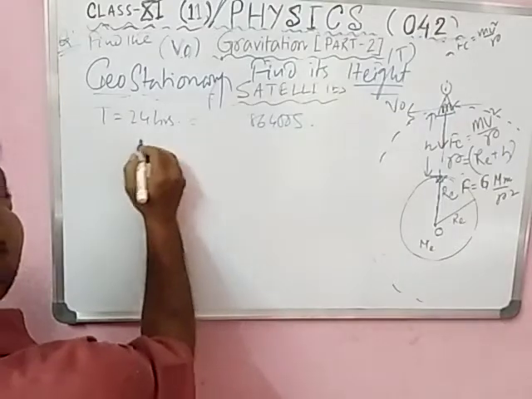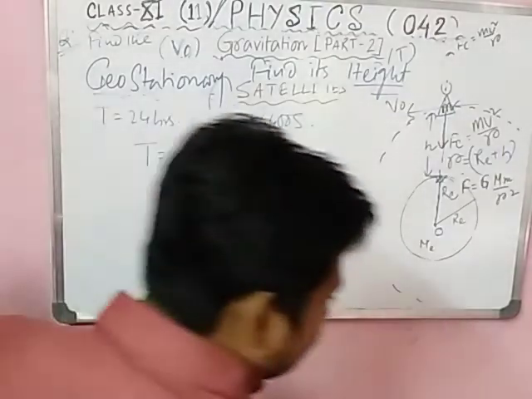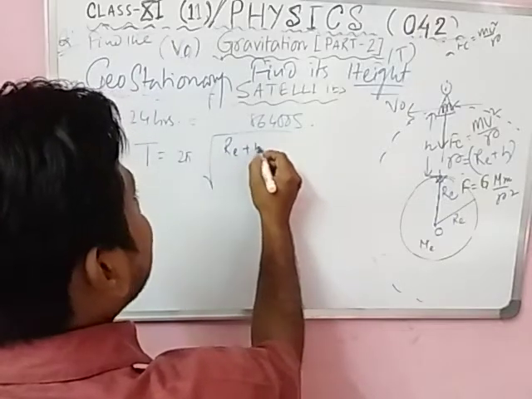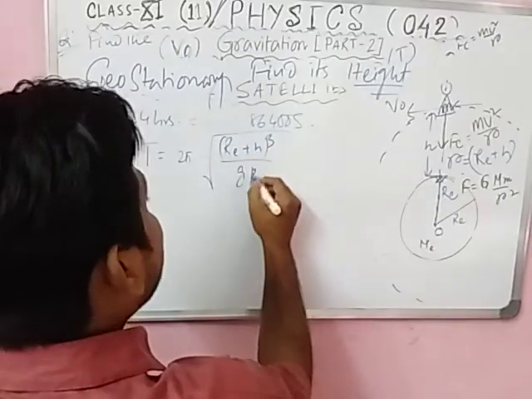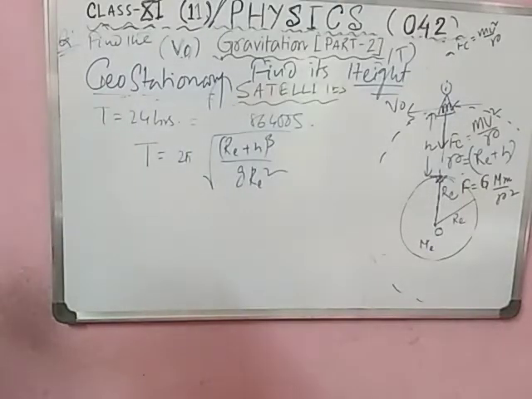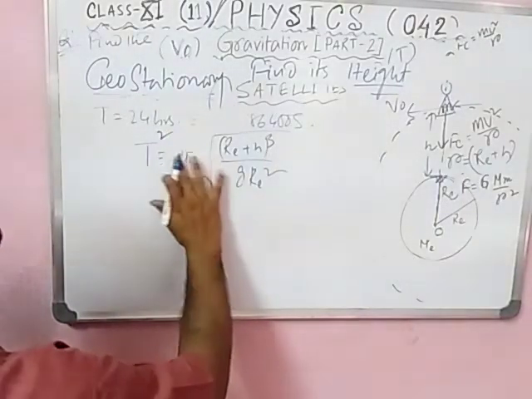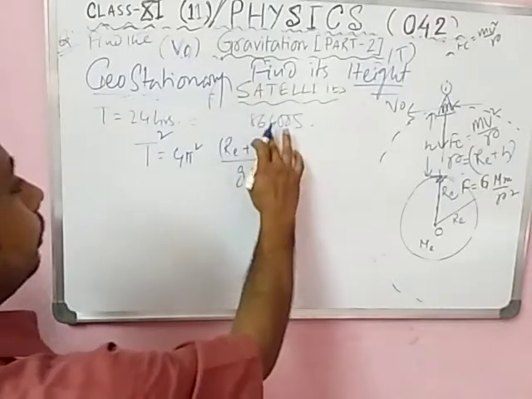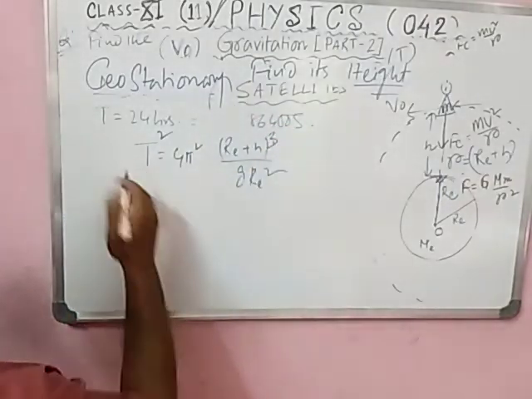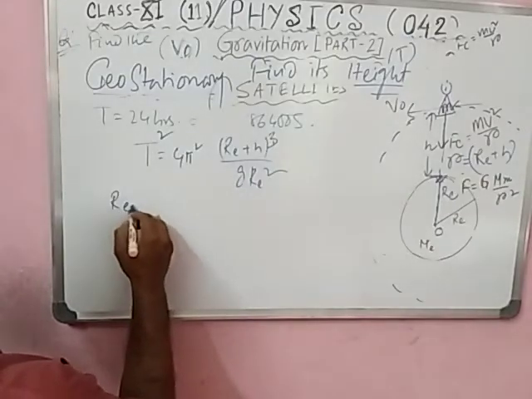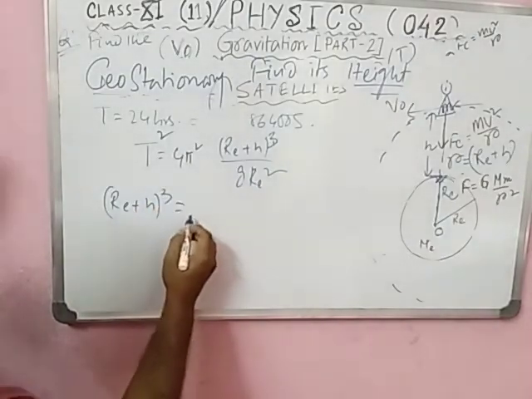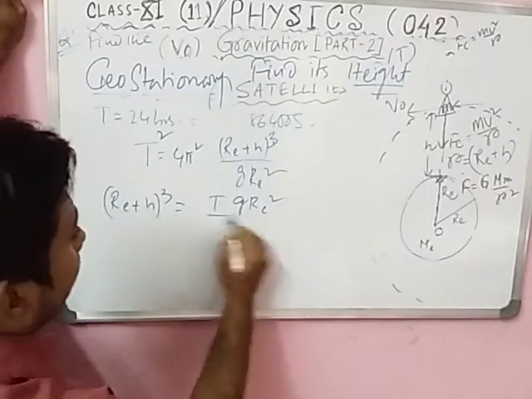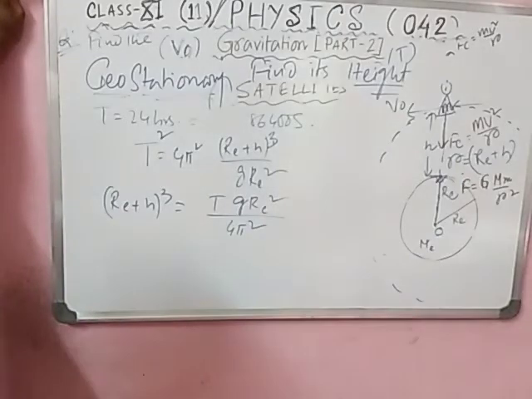So students, the time period formula is T is equal to 2 pi root over of RE plus H the whole cube by G RE square. Okay, now square. So T square equal to 4 pi square. We need height, so cross multiply. So RE plus H the whole cube is equal to T square G RE square by 4 pi square.